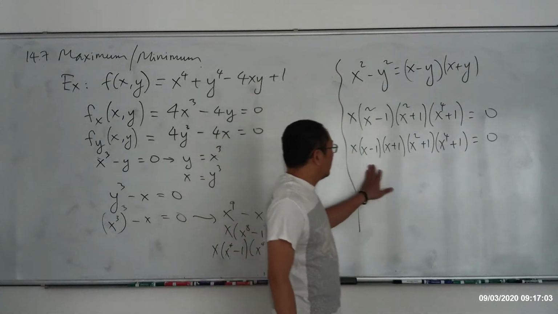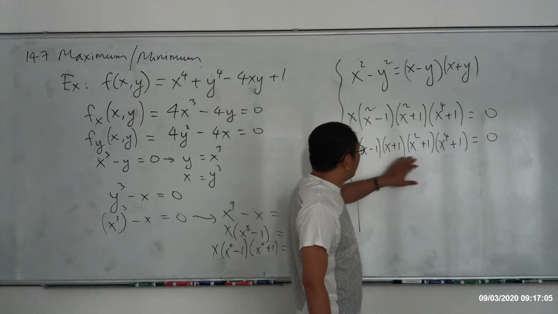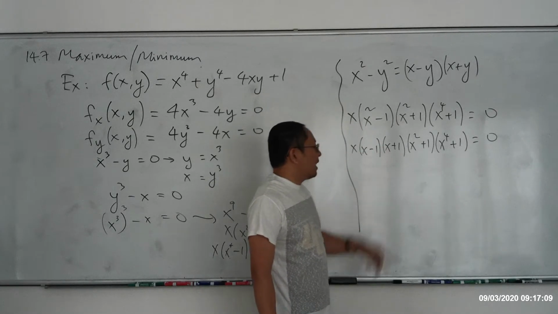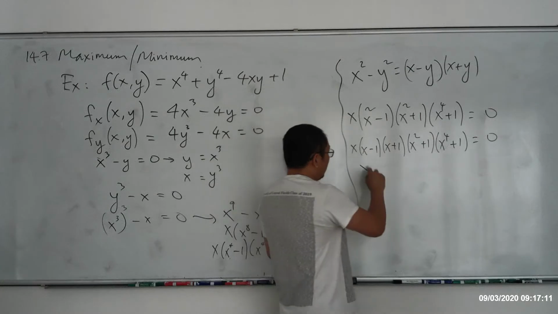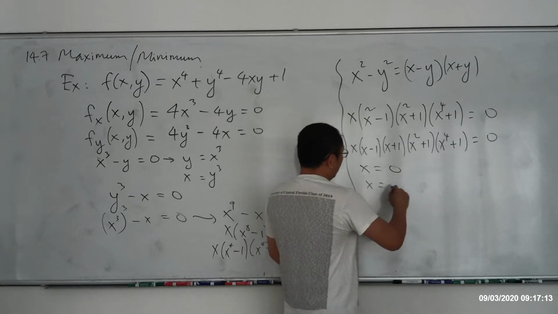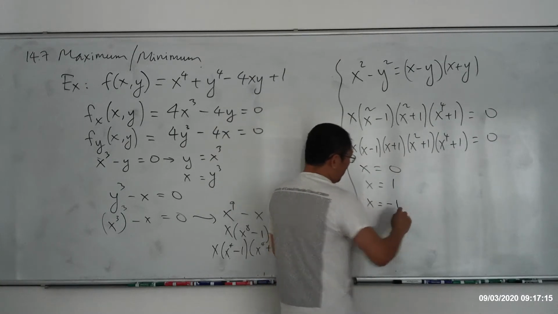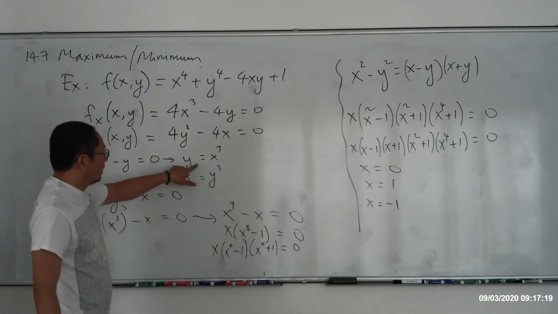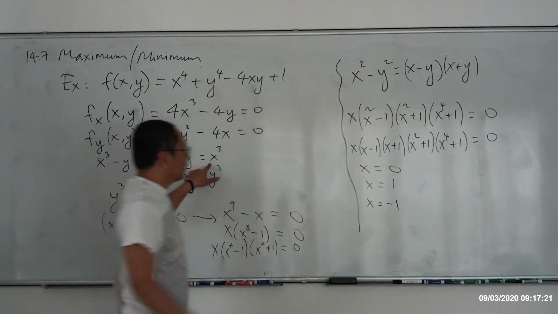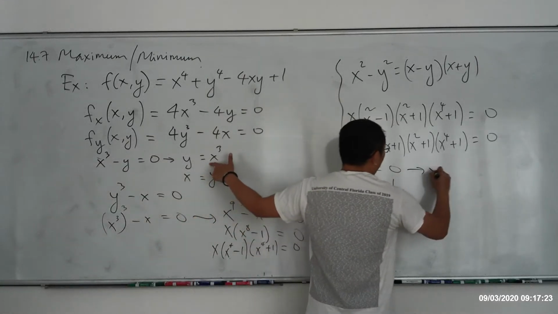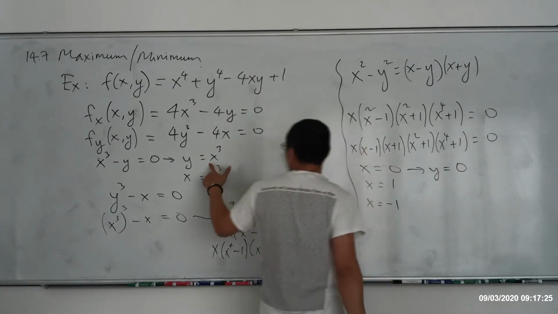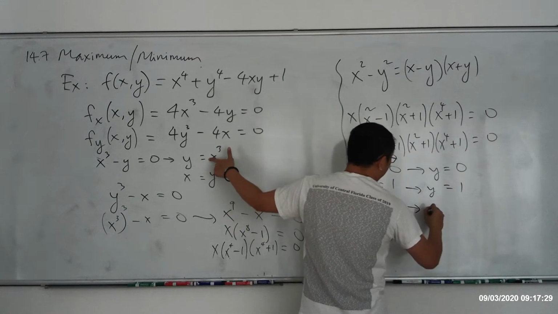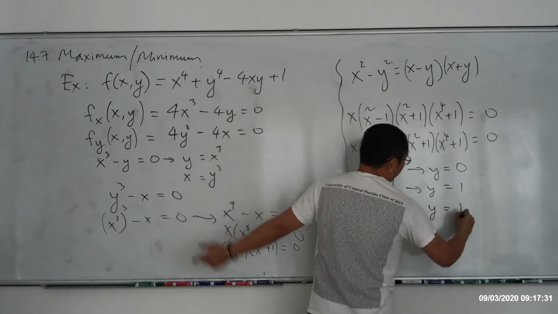So if the product of these 5 factors is equal to 0, one of the factors must be equal to 0. It means x will be equal to 0, x will be equal to 1, or x equal to negative 1. Okay? And then you can solve for y. From y equal to x cubed, x equal to 0 gives y equal to 0 cubed, 0. x equal to 1 gives y equal to 1, and x equal to negative 1 gives y equal to negative 1 cubed, which is negative 1.